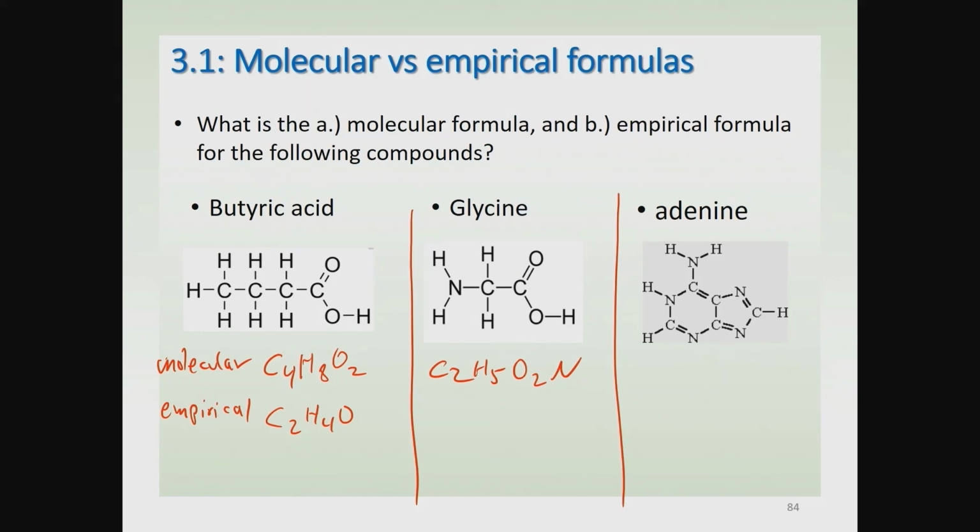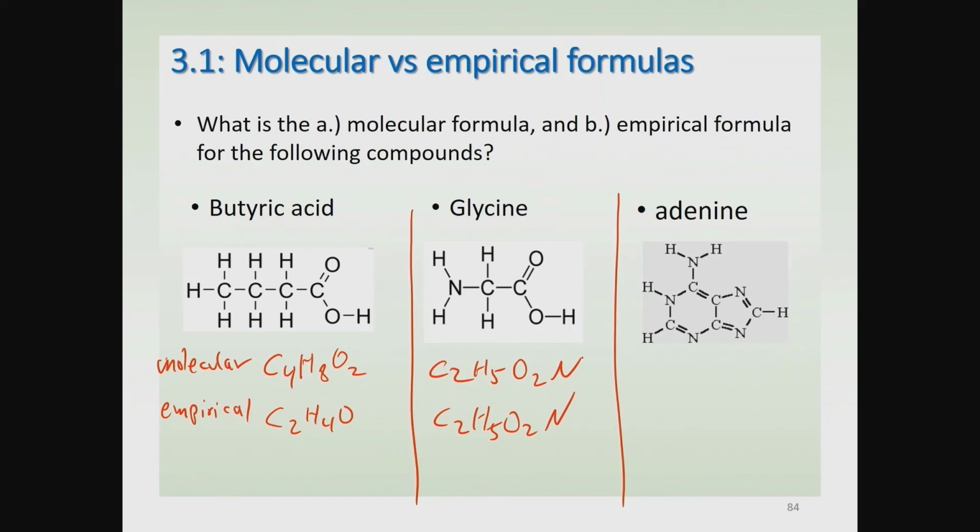I cannot think of a number we can divide 2, 5, 2, and 1 into evenly. So we cannot reduce that formula into a smaller whole number ratio. The empirical formula in this case is exactly the same as the molecular formula, C2H5O2N.